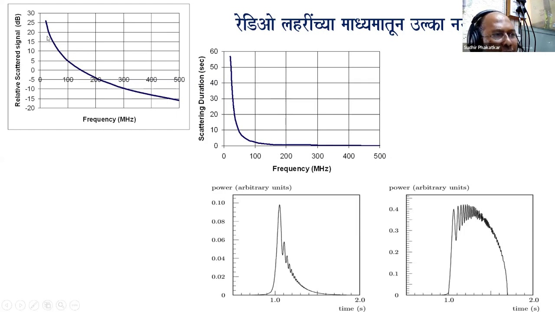That is why these people try to use lower frequencies for radio meteor observation, and scattering duration is also high in low frequency, and we can get better reflection, or we can observe for a long time duration. So that is why this preference has been given.